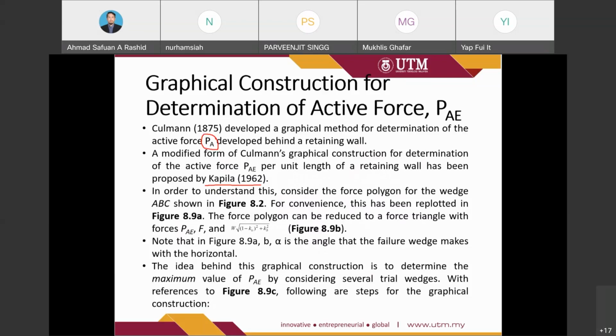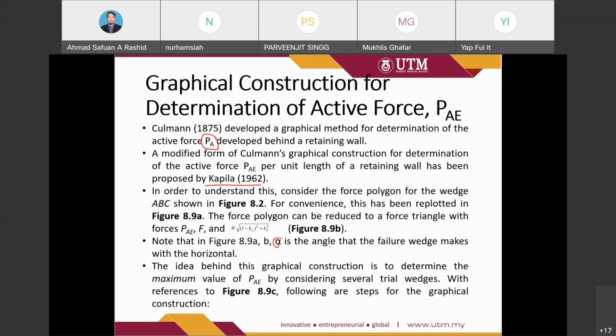Note that in figure 8.9a and b, alpha is the angle that the failure wedge makes with the horizontal, which is the alpha that we have discussed previously.